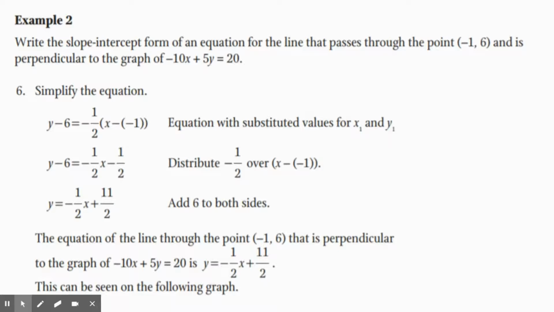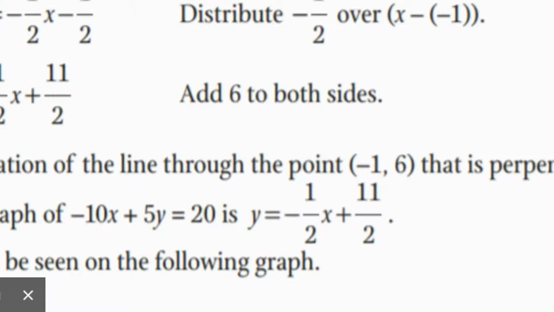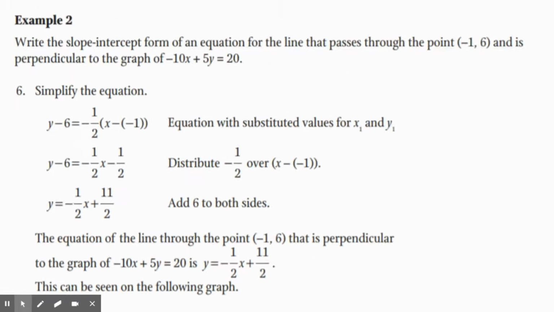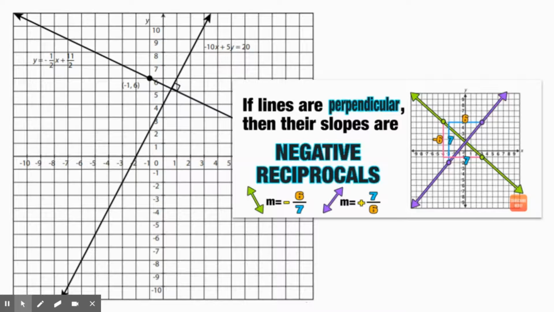Distribute the negative 1/2, and then you get y equals negative 1/2 x plus 11 over 2. That's going to be going through the point (-1, 6), and it will also be perpendicular to the line that was given. And here it is. As you can see, the line is going through (-1, 6). Again, if lines are perpendicular, their slopes will be opposite reciprocals.